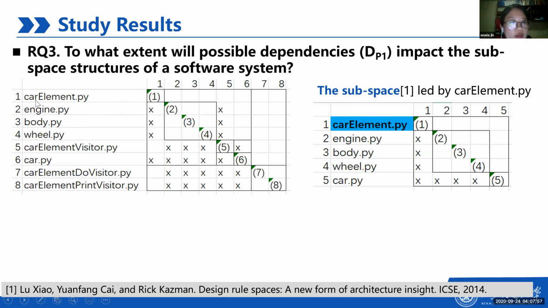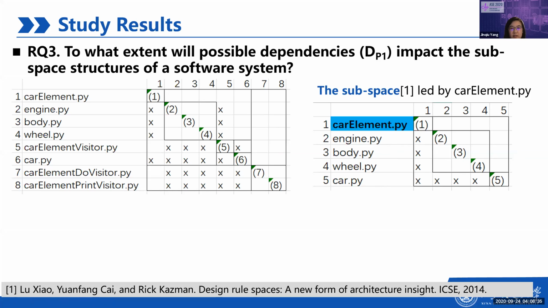For example, we can use one file, such as car element, as a leading file. So we can get the other files which directly and indirectly depend on car element. So we can split out 5 files. Then these files and the dependencies among them construct a new dependency matrix. So the new dependency matrix constructs a subspace. This is the subspace concept.